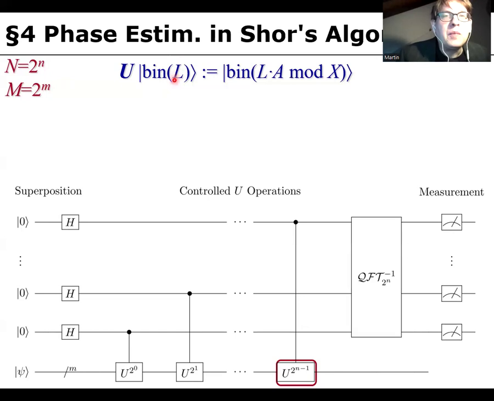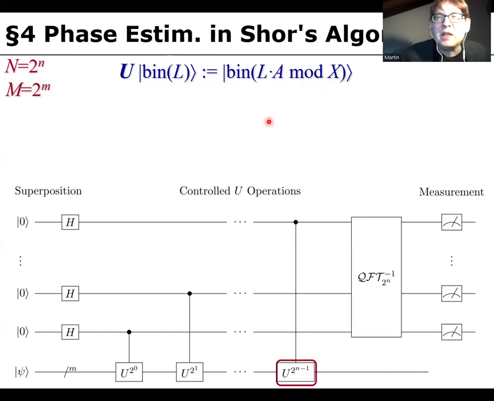Let's enumerate the basis vectors of this m qubit Hilbert space with capital L ranging from 0 to M excluding, and the result of the unitary transform as it's used in Shor's algorithm is another base vector, namely the base vector with index L times A modulo X. So what's the L times A modulo X?